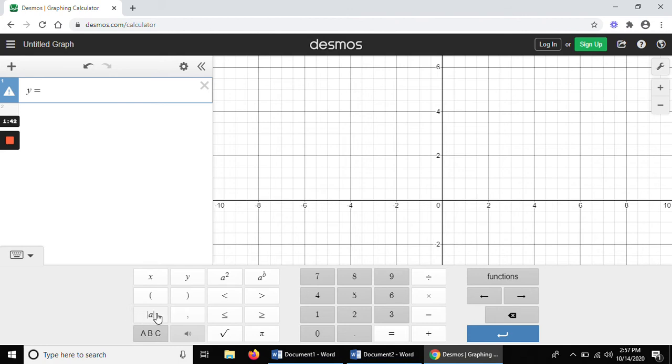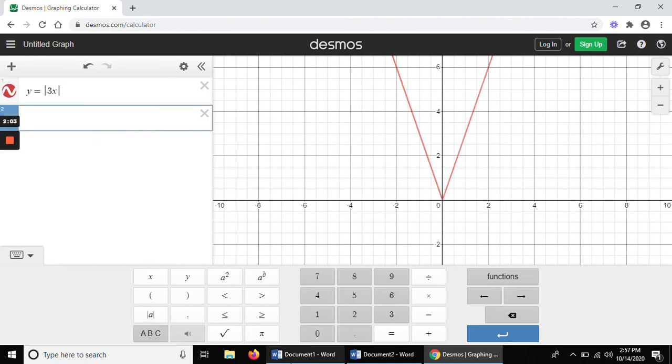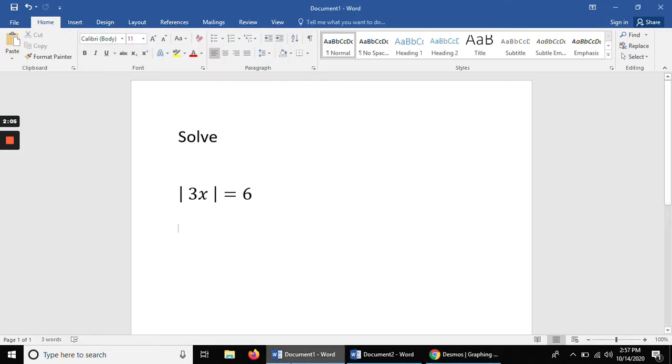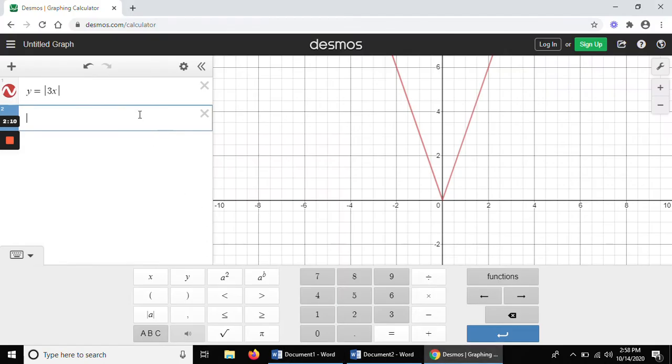This is the button we'll be using to get our absolute value bars. 3x, go back to my absolute value bar and close it. Alright. And I'm going to write the other side of my equation equal to y. Right? So y is equal to 6.